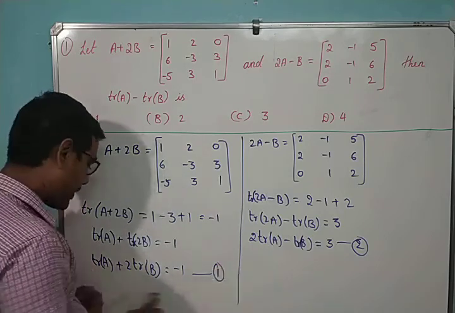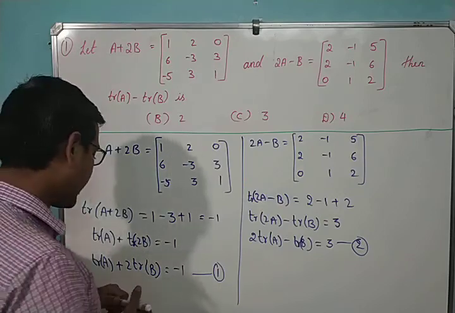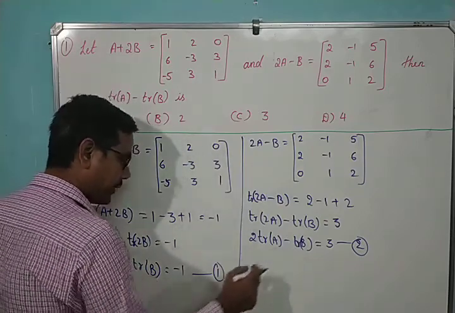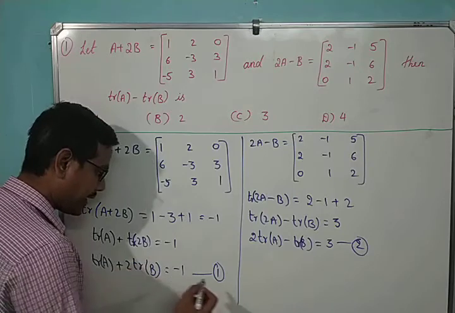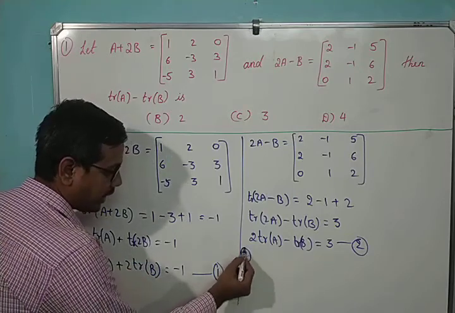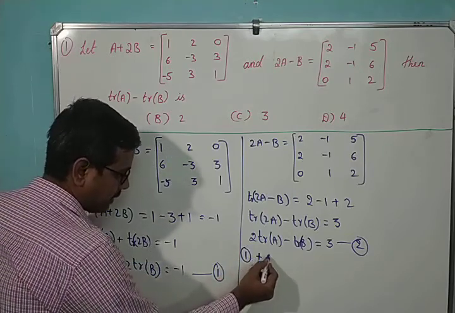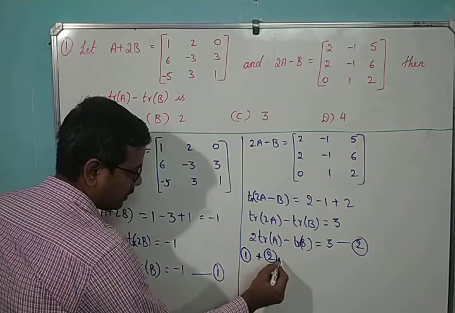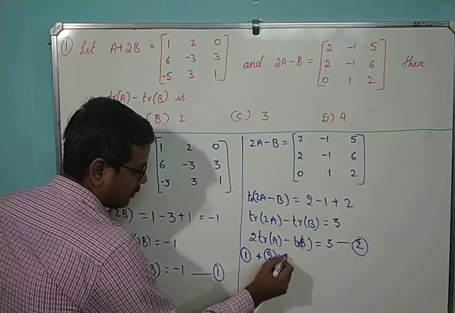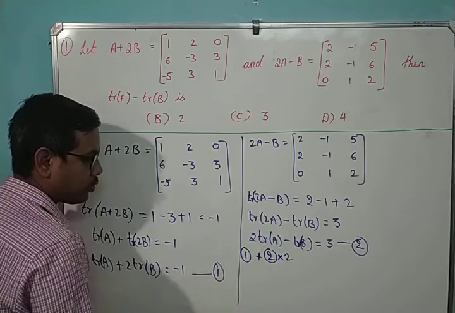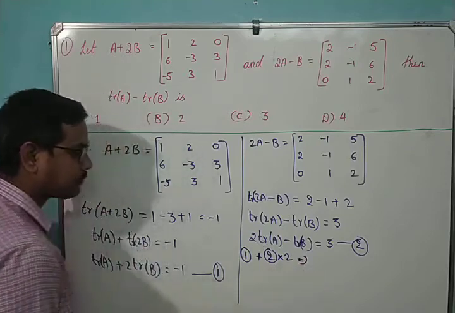Here 2 times trace of A is there, here trace of A is there. Let's eliminate trace B only, right? So equation 1 plus 2 times equation 2. What will we get here?